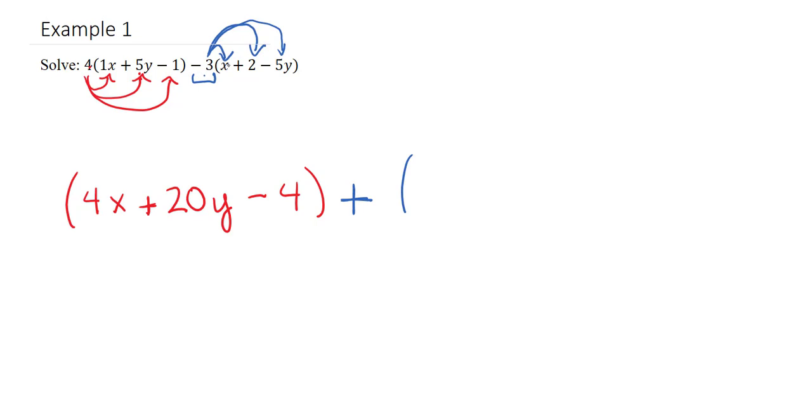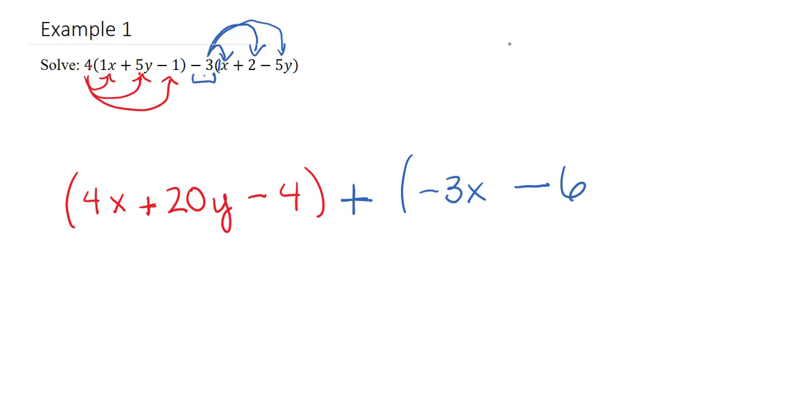Negative 3 times x, well, there's just a 1 here, so that's negative 3x. Then we have negative 3 times 2, so that would be negative 6, or minus 6. We could do plus negative 6, or we can just go minus 6 to simplify.